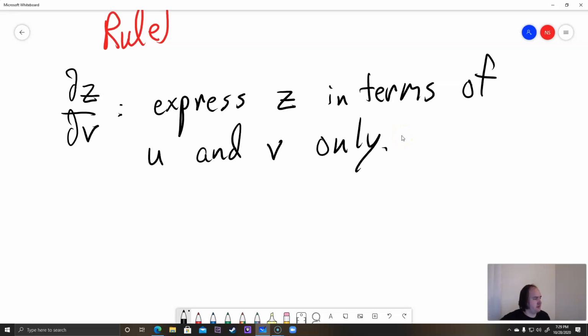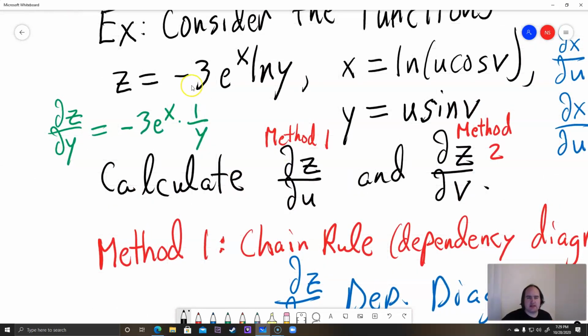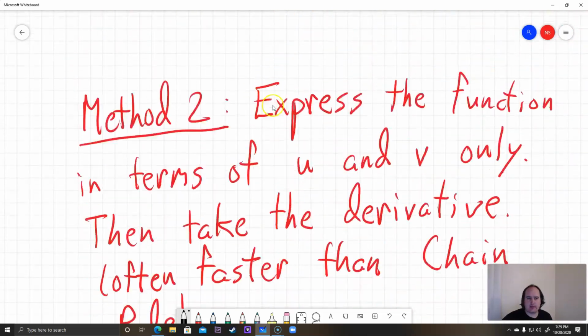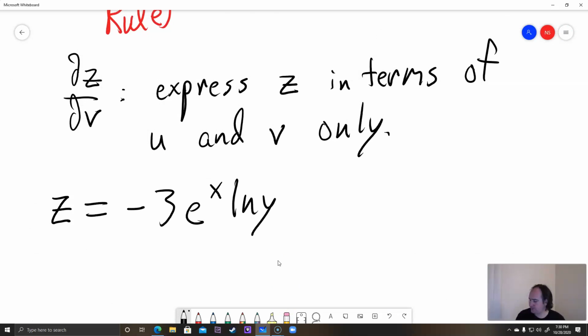All right. So we had the definition of z up here. So z equals negative 3 e to the x times ln of y.